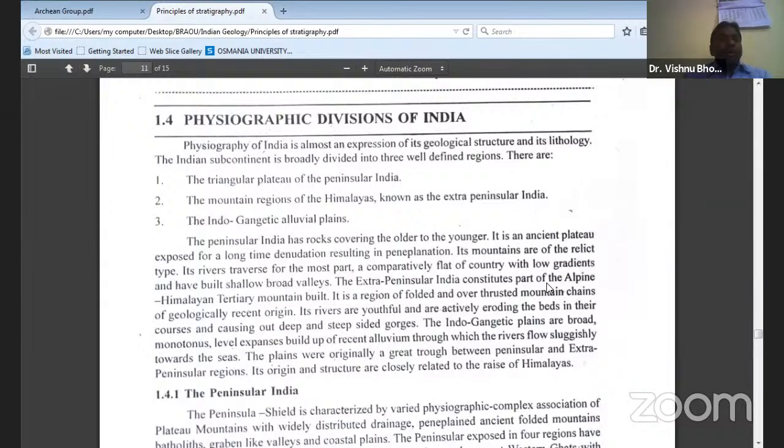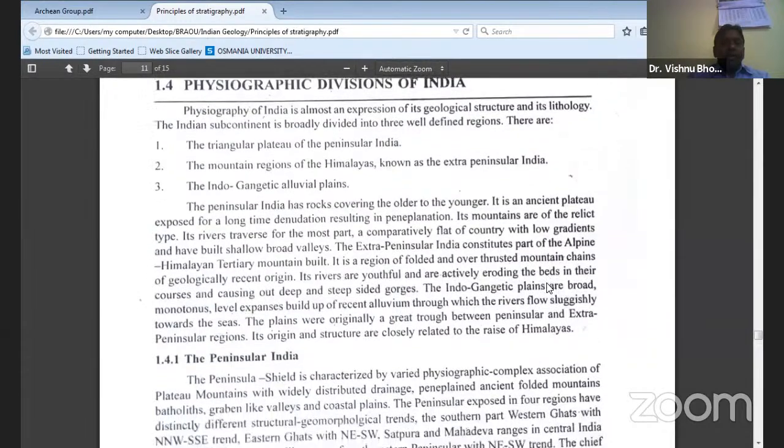Those are the triangular plateau of peninsular India, second the mountain region of the Himalayas, known as extra-peninsular India, and third the Indo-Gangetic alluvial plains.